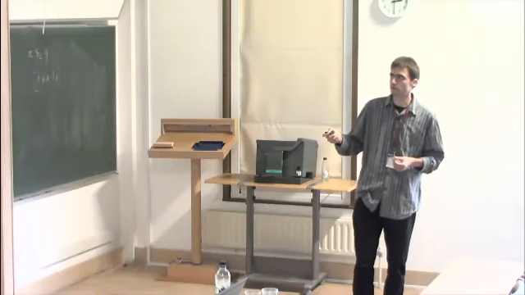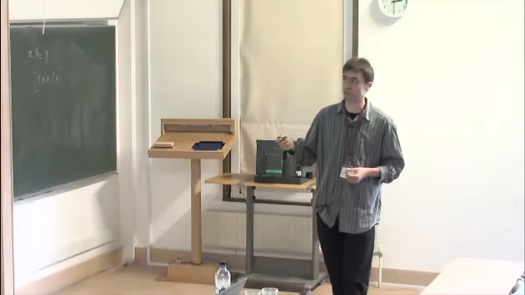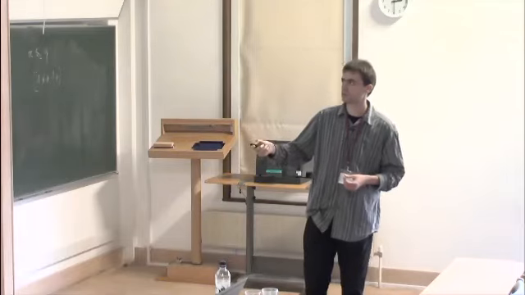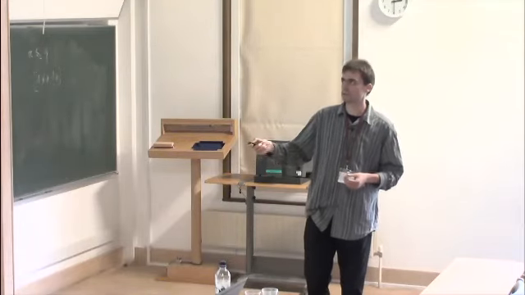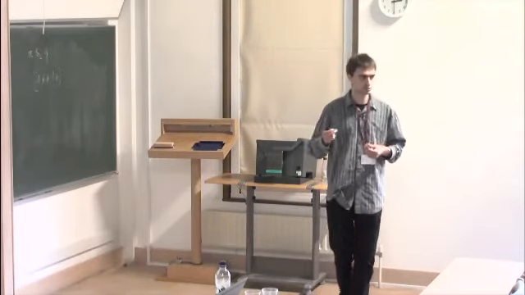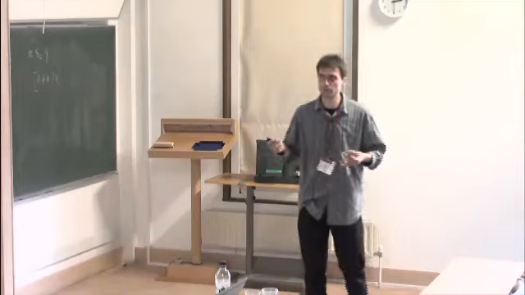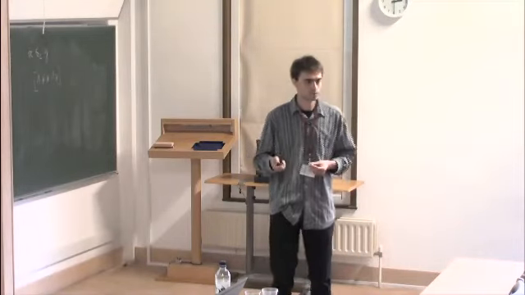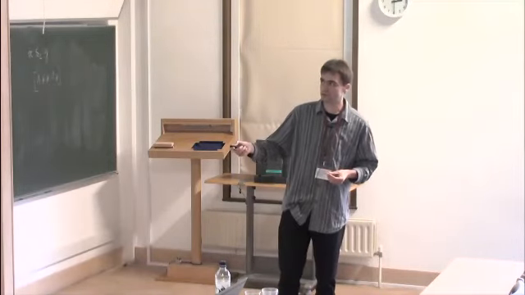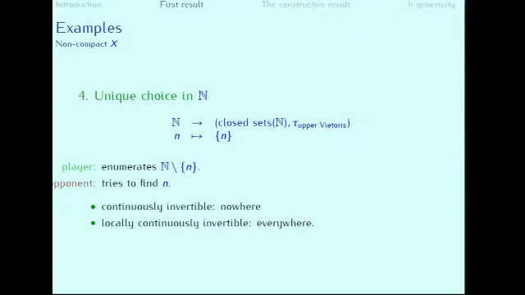On the set of natural numbers, which is not compact, it's very different. The player enumerates all the integers that are not n. The opponent will never know what n is, so it's nowhere continuously invertible. But if you give the advice that you are in some singleton, then the opponent wins, of course.